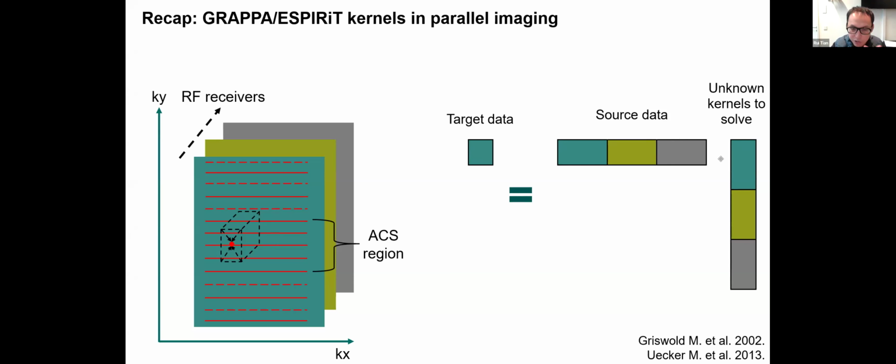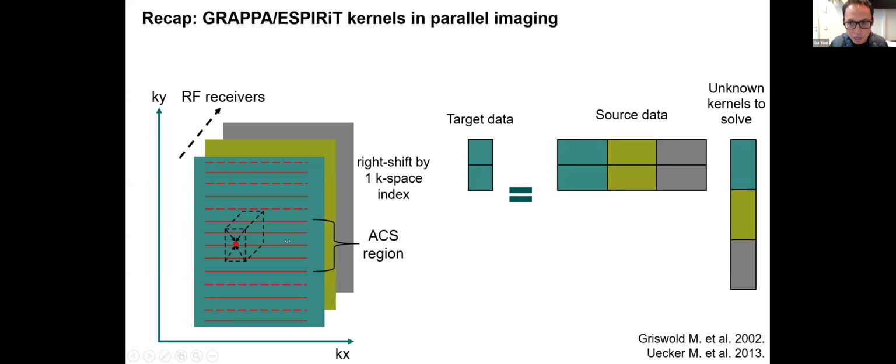If you solve for these unknown kernels, this is the information of the RF receivers, and you need to be very accurate to have a very robust parallel imaging reconstruction. The conventional way to do that is, each time, you shift this interpolation pair by one k-space index. In this way, you get another independent linear equation, but with the same unknowns.